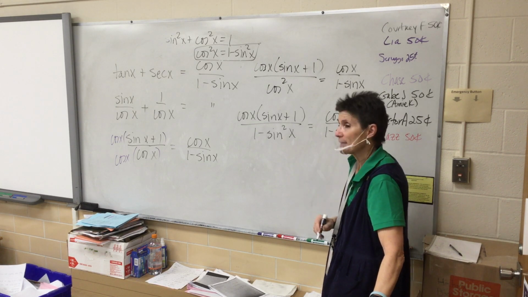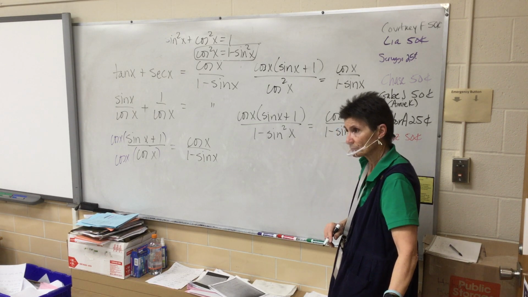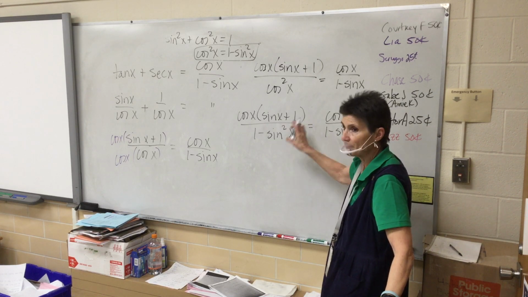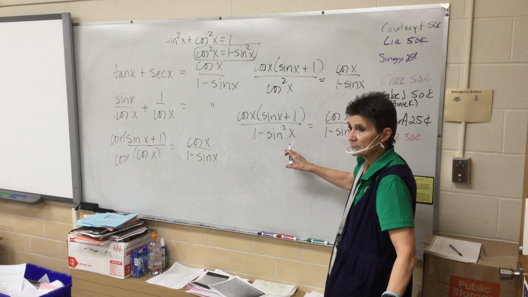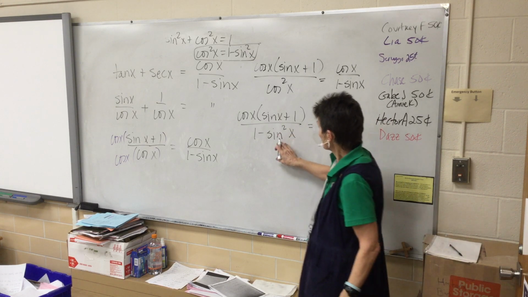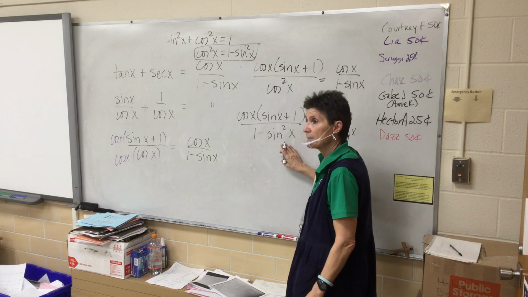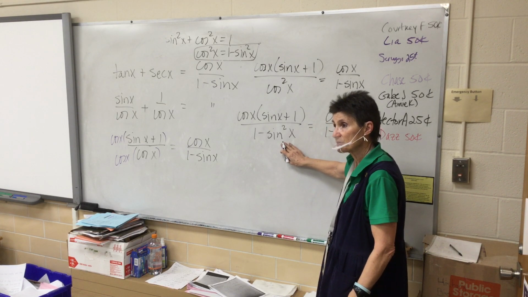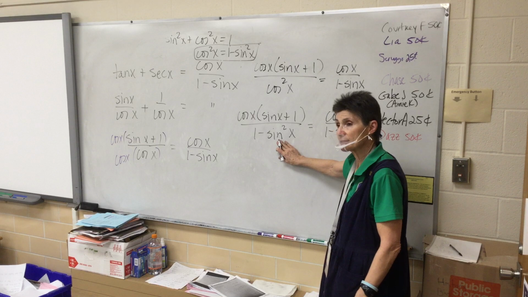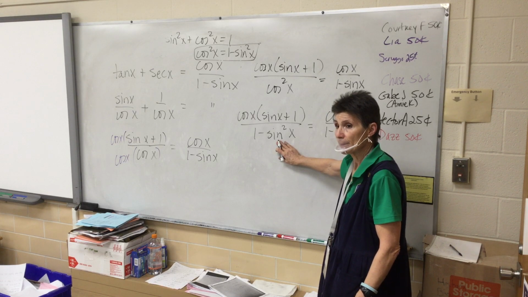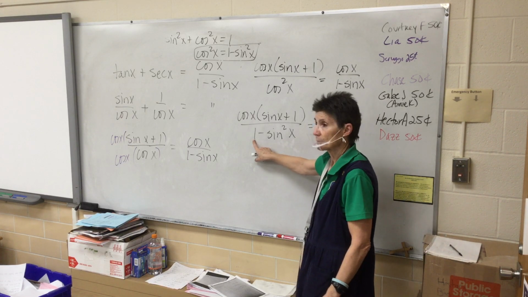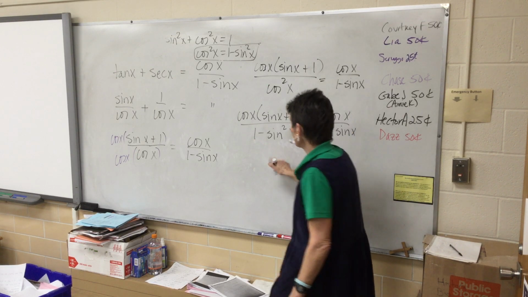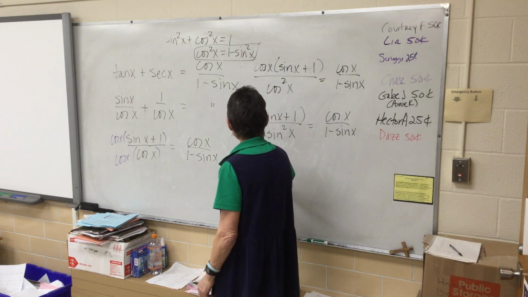Now, tell me about that denominator. There's no canceling that can happen. This is the difference of squares. It factors. How does that denominator factor? 1 plus sine and 1 minus sine. That's exactly right.